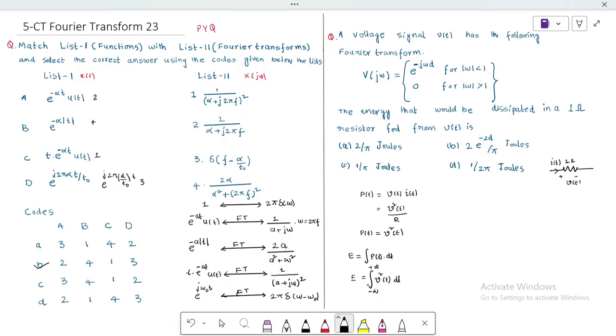Actually, we have the relation. This is the energy relation. That is Parseval's relation. So simply here I'm writing that relation.